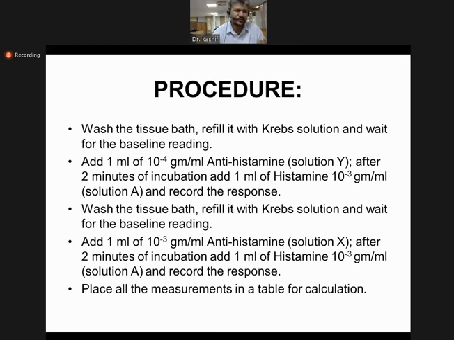The dose which has shown a good response in the previous experiment, we select this dose, and in the presence of only one dose, we use different doses of the antihistamine. So you start with the histamine, take the baseline reading, then you see the reading with the histamine, and then you start the different doses of the antihistamine.